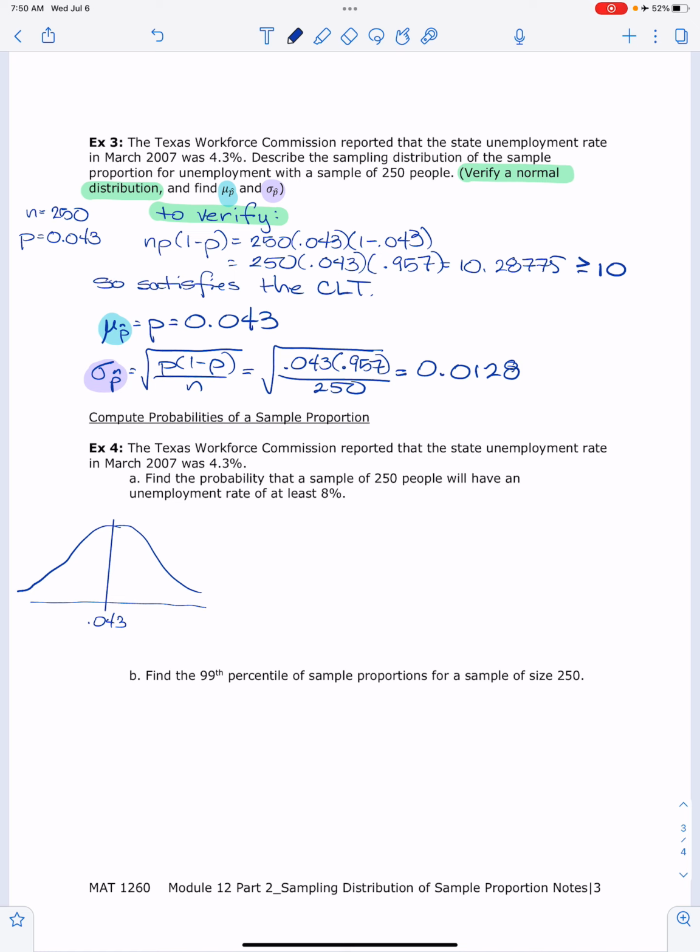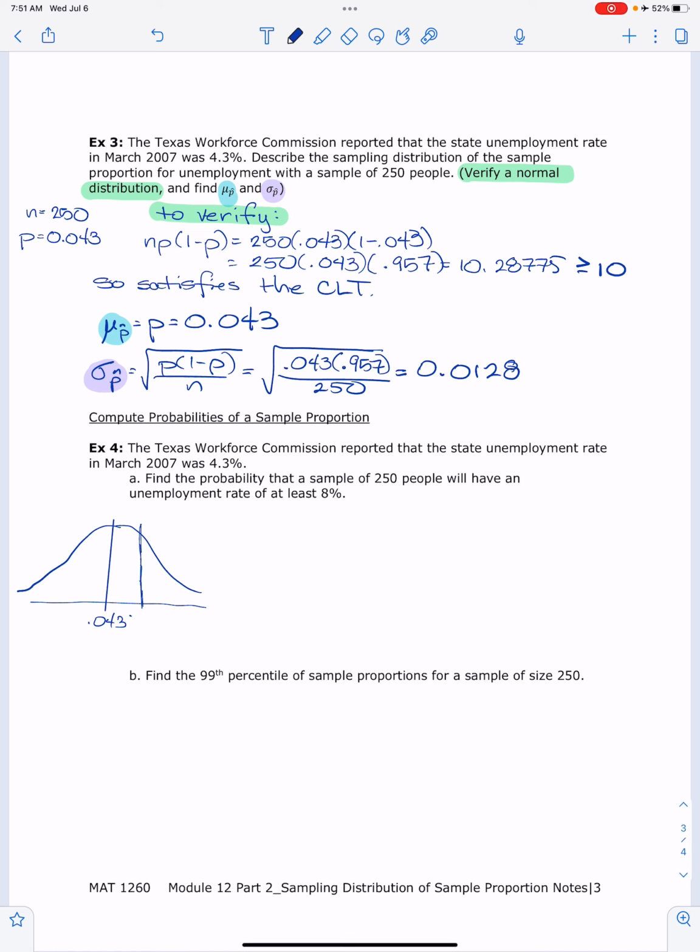So we know our sampling distribution is going to look like this. I have a standard deviation of 0.0128 when a sample is 250 people.